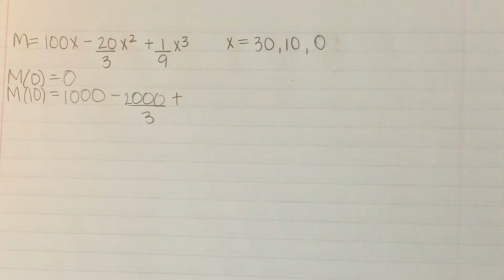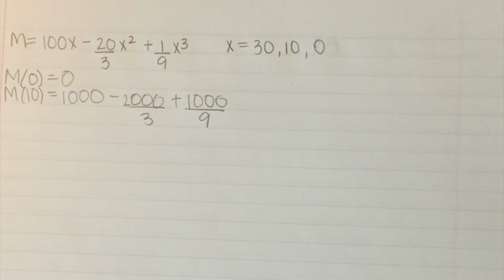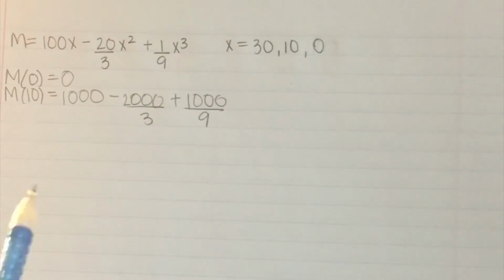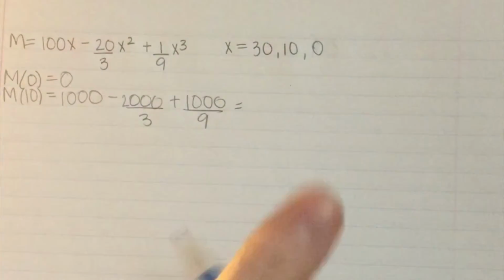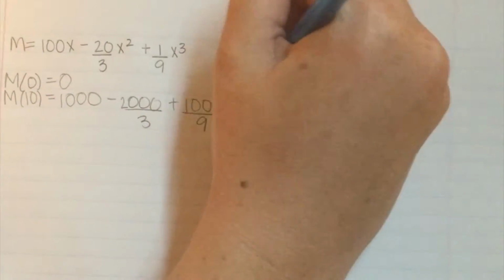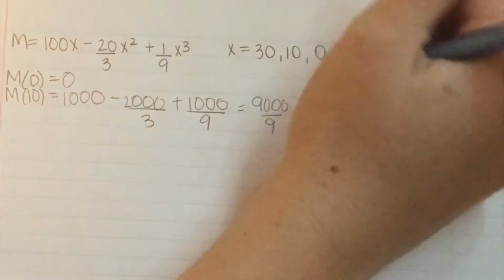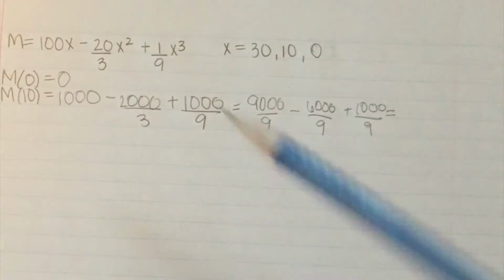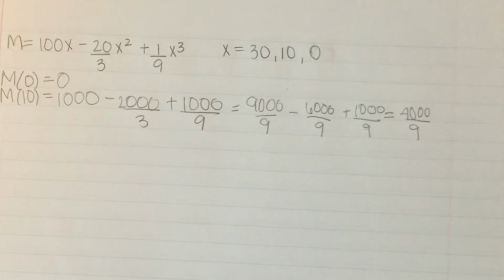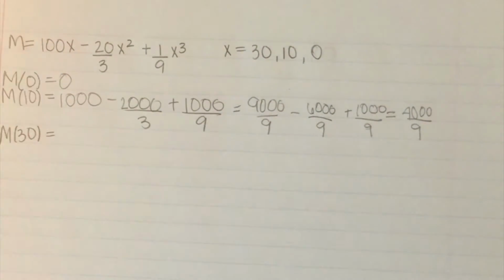But you'll notice that as I'm going, you're plugging it into the m function, not the derivative function. You need to make sure that you're plugging it into the m function, because we just found that all of these values are equal to 0 in the derivative function. So you're not going to find the value where your m is the greatest if you plug it into the derivative function, because they'll all be equal to 0.